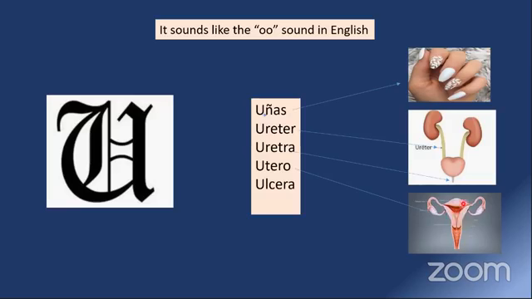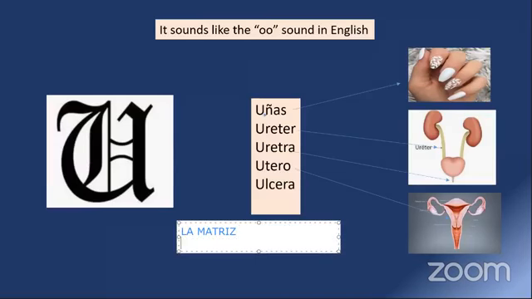Uterus. That's the uterus. Now, remember in the previous slide that we said some patients can tell you la matriz. Instead of saying útero, they say la matriz. And to say the cervix, we said el cuello del útero. Remember what cuello is? Cuello is neck.